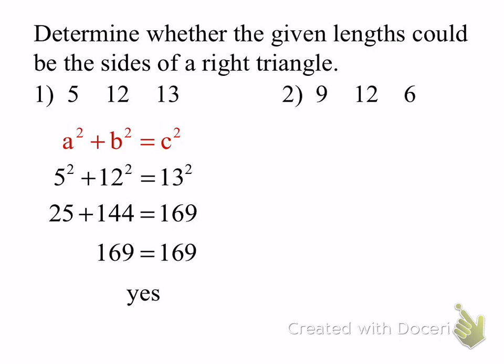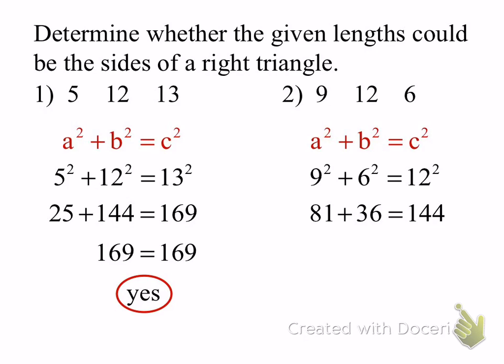So when I substitute in here, notice they threw us for a loop. They didn't give it to you in order. You have to put the 12 in for the C. And then when we simplify it, are they equivalent? No. So is this a right triangle? No. If it's not equivalent, it's not a right triangle.